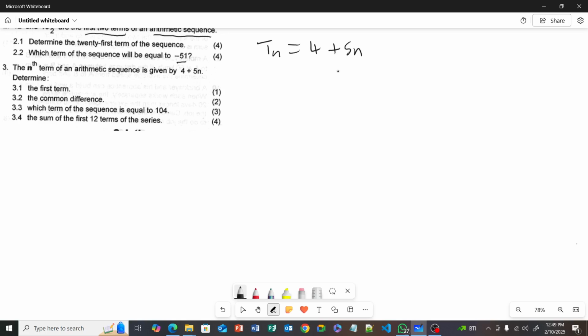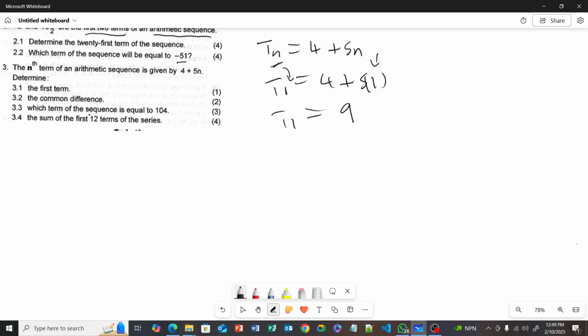Okay, now determine the first term. So for you to determine the first term, what you need to do is to see 4 plus 5 into 1, which will give us 9. So T1 will equal 9. So notice where I've replaced n with 1.